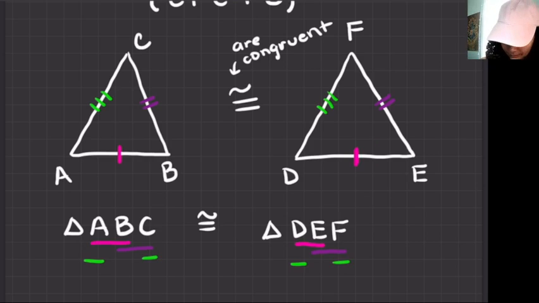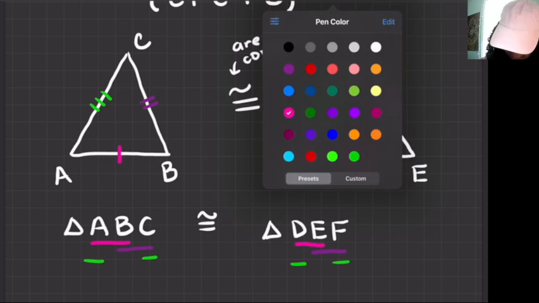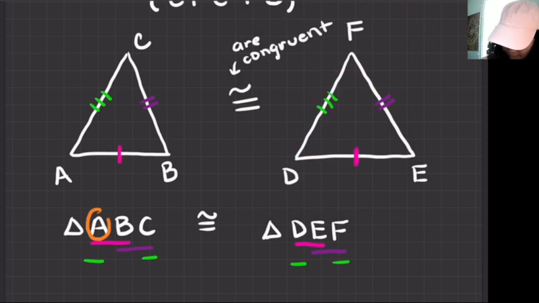You could also say the same thing about the angles. So let's say angle A is going to be congruent to angle D, or angle CAB, FDE, okay? If you want to read the angle using 3 letters.